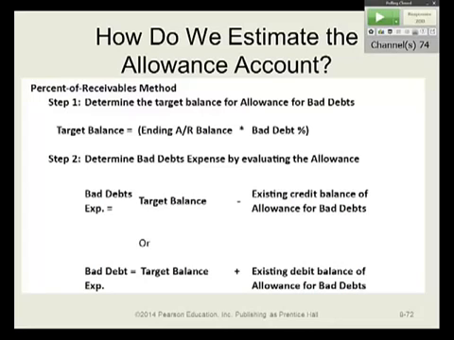Let's say my estimated target is 10% of accounts receivable. So the target allowance is going to be 10% times 500, which of course is 50.